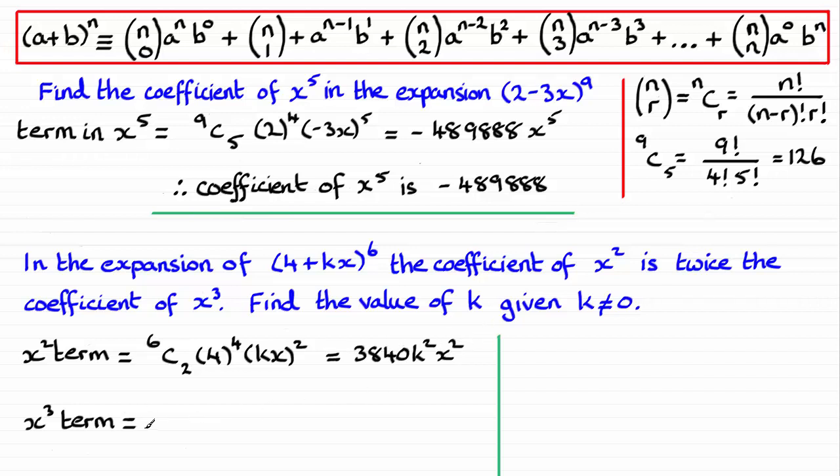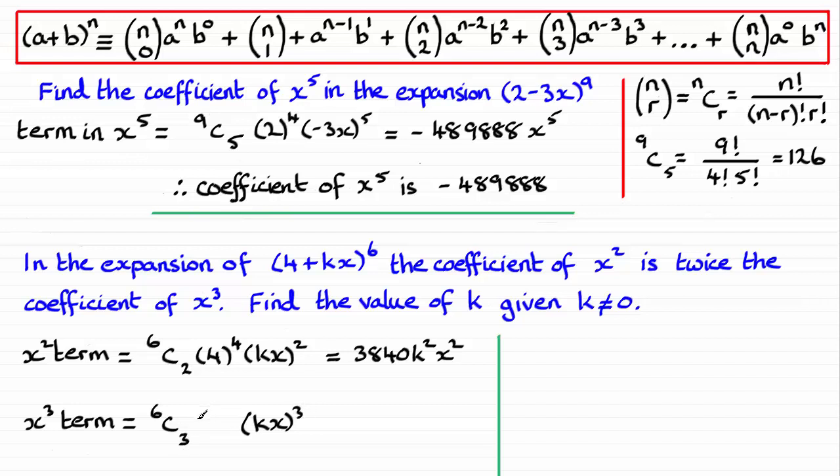Now for the x cubed term, then we want (kx) all cubed, and it's going to come from 6C3 here, the 3 here agreeing with the 3 here.